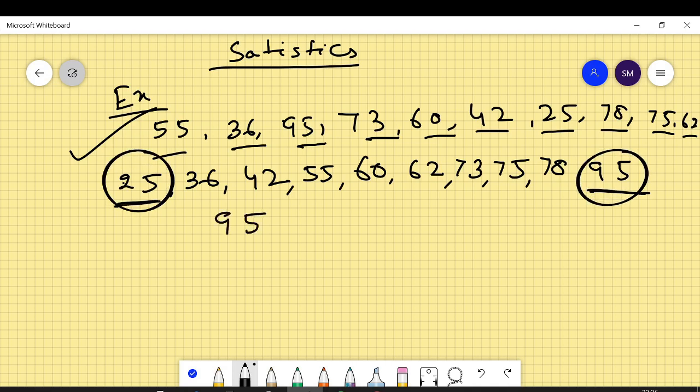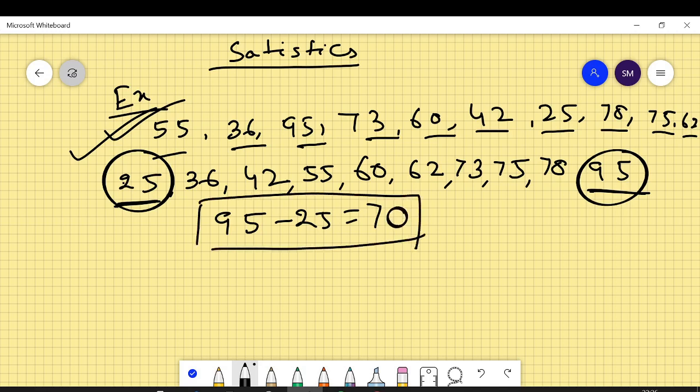Here the range of the data is 95 minus 25, which is 70. This is the raw data, and when we arrange it in ascending or descending order, the data is called an array. The range is the difference between the highest and lowest.